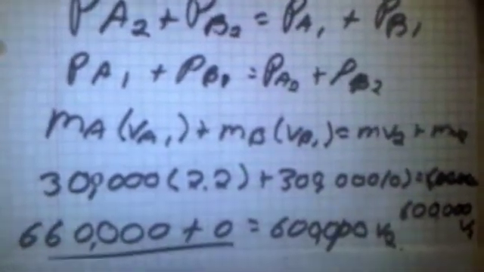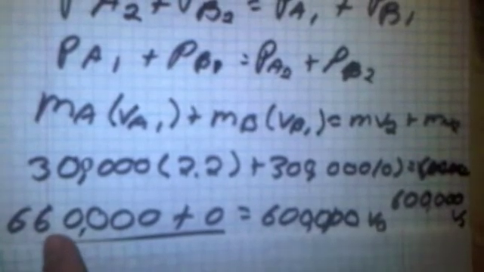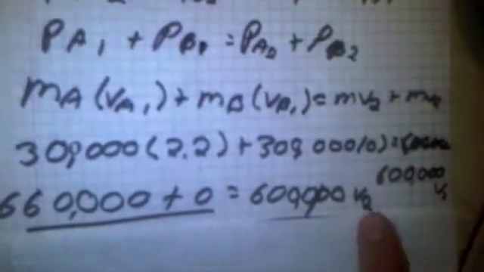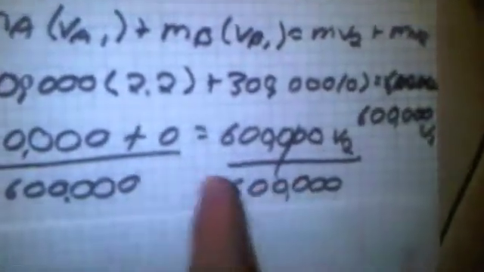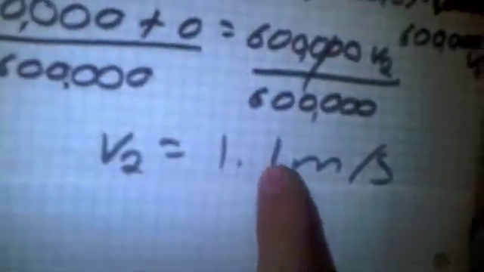Then, we multiply, and we get 600,000 plus 0 equals 600,000 V2. Now, we divide each side by 600,000, and we cancel. And for the velocity, we get 1.1 meters per second.